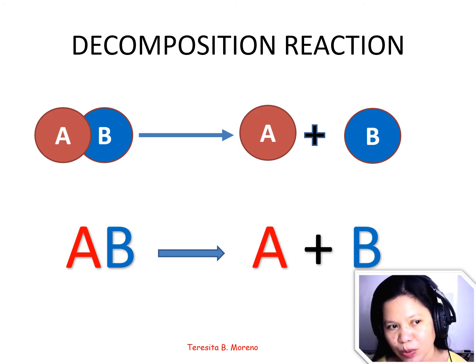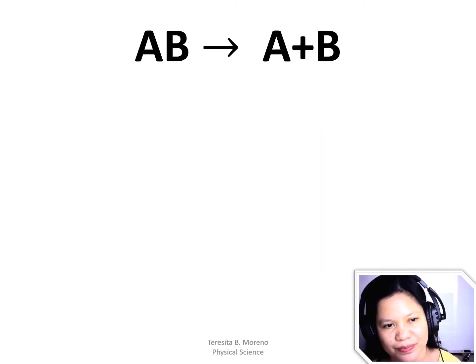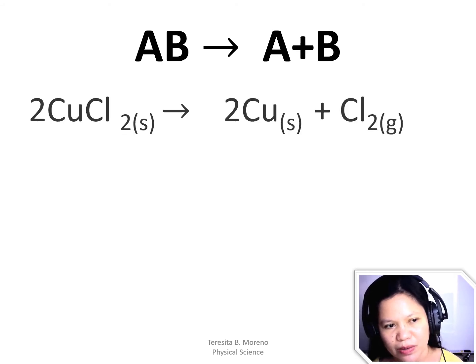Water is already a compound. Can we decompose it into hydrogen and oxygen? Yes, you can. So what would be the product? It would be oxygen gas and hydrogen gas. So AB yields into A plus B.